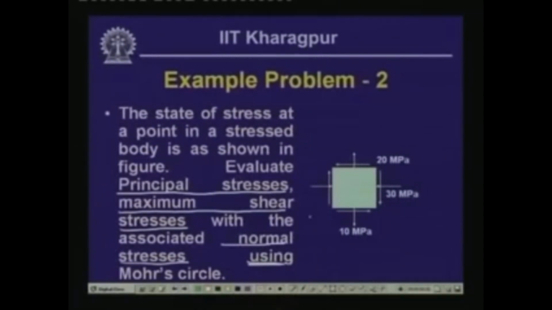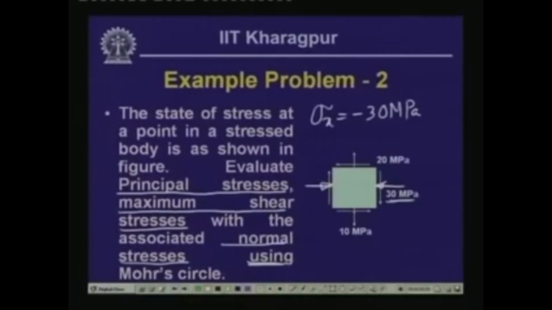Now, here if you look into the normal stress which is acting in the x plane, it is compressive in nature, having a magnitude of 30 MPa. So, sigma x is minus 30 MPa.